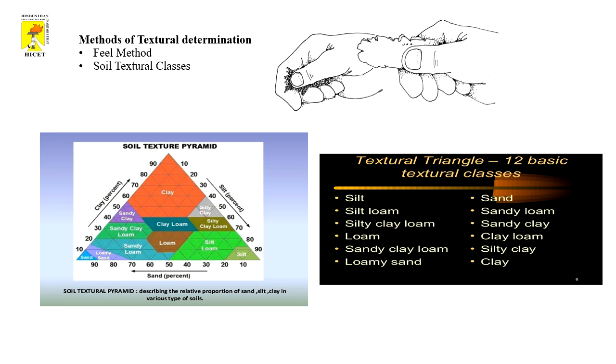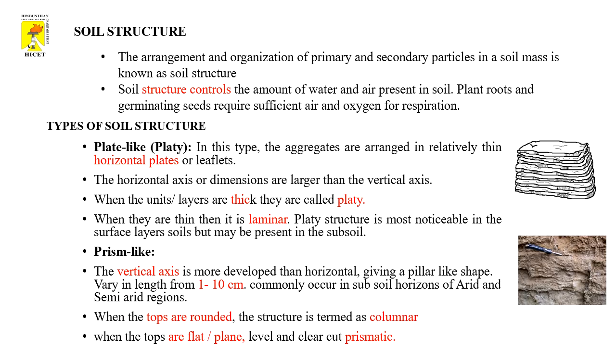Then next we go to soil structure. Soil texture is all about the size of the soil particles, but soil structure is about the arrangement of the soil particles. The arrangement and organization of primary and secondary particles in the soil mass is known as soil structure.